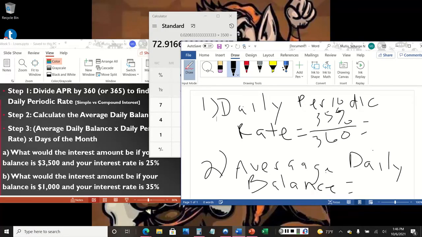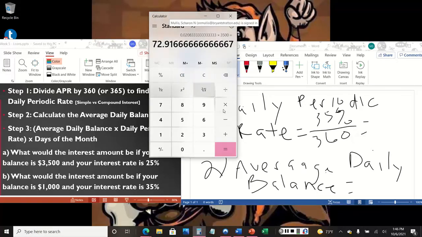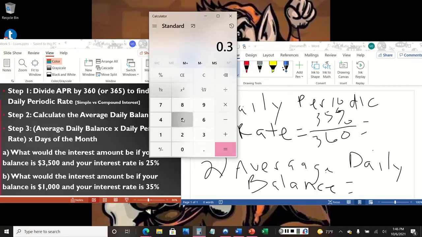And that's going to give us, let's see if the calculator works this time, 35%. Nope. So 0.35 divided by 360 times 100, because we want to get the percentage. So it is 0.0972%.